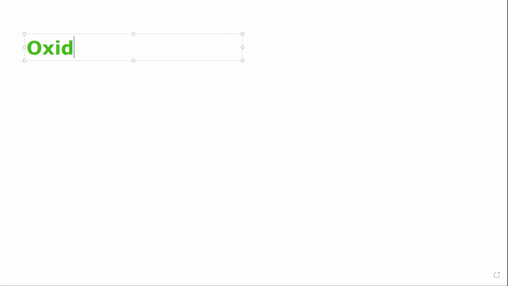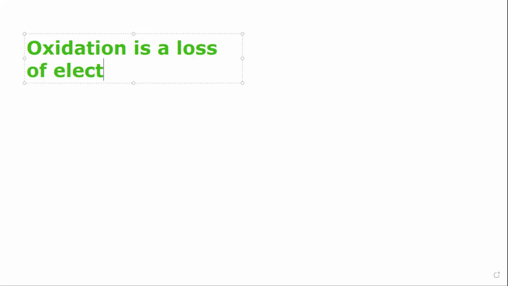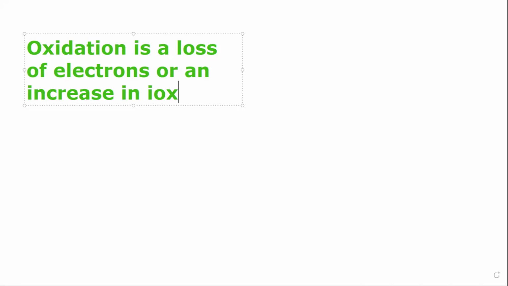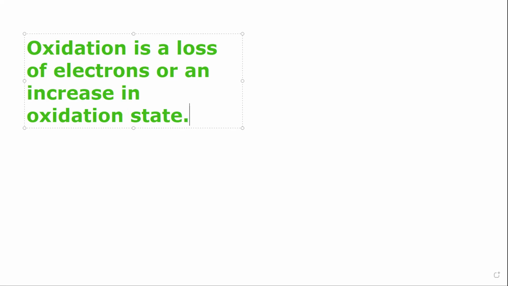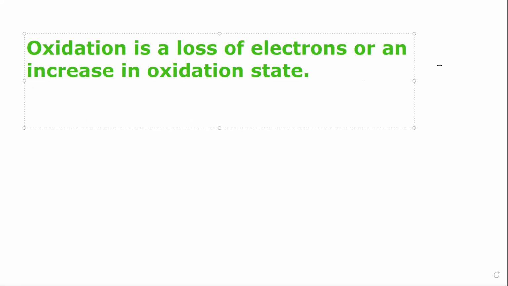So oxidation is a loss of electrons, or in other words, an increase in oxidation state. We will discuss these terms later, what an oxidation state is and what is meant by loss of electrons.